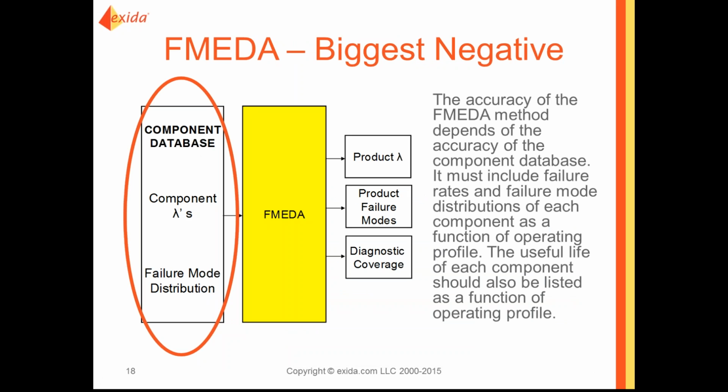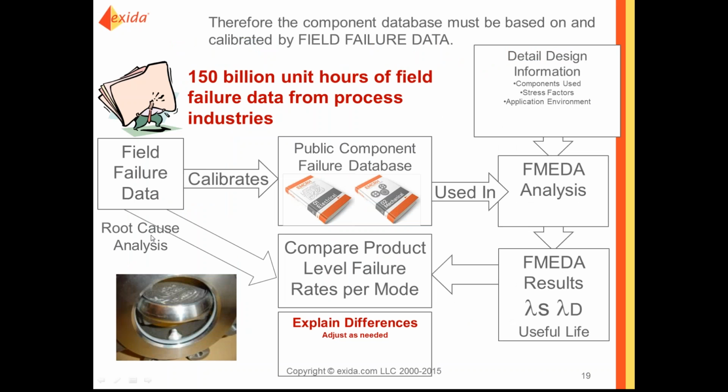The biggest negative of the FMEA approach is that it is essentially reliant upon the robustness and data accuracy of the component database. A bad component database going in is going to give you a bad FMEA result. What we've done at Exida for our component database is that we first publish it.